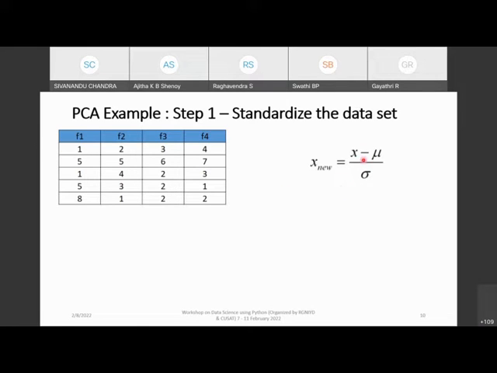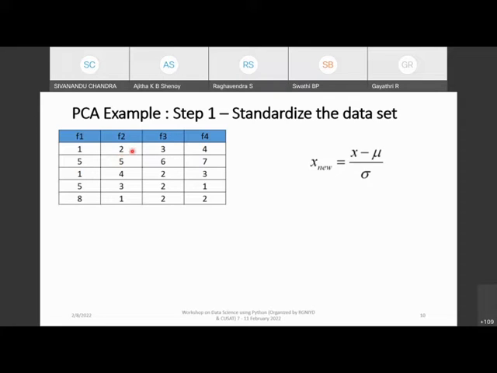Now why do this x minus mu by sigma? Why do you have to standardize the data set? It is for normalization. When you do this, you will get a new data set in which all the features will have mean equal to 0 and standard deviation equal to 1.